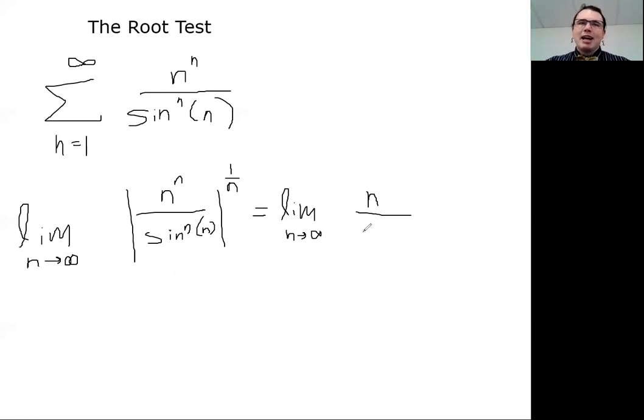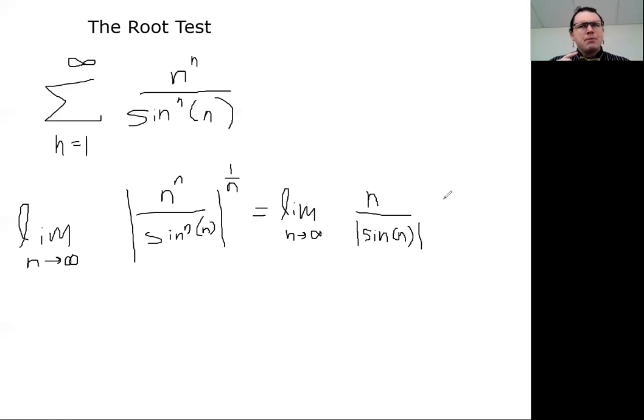Taking the 1 over n power is going to cancel that. So I'll have just ordinary sine of n. This time, I do need those absolute values because the sine function produces positive and negative outputs, and sometimes 0 as well.